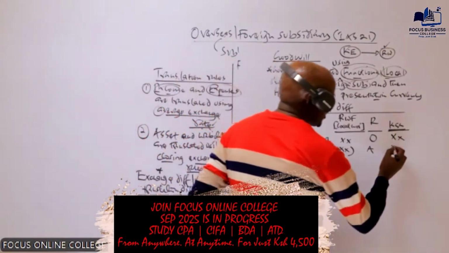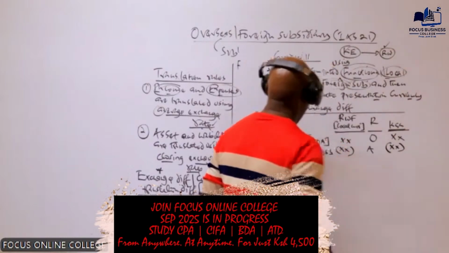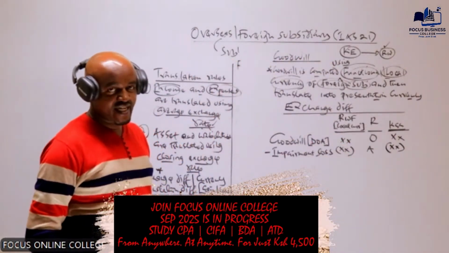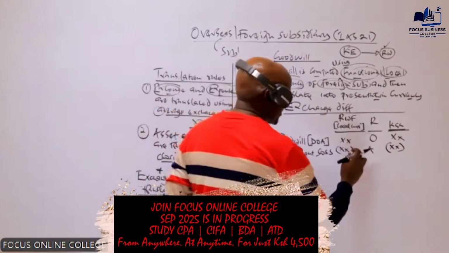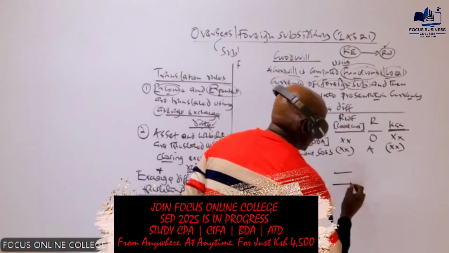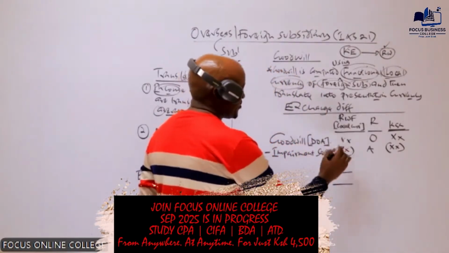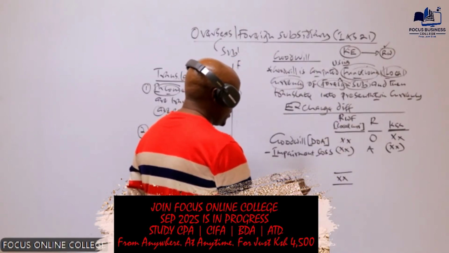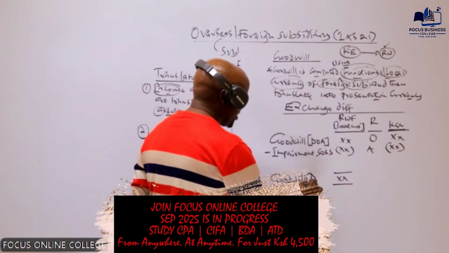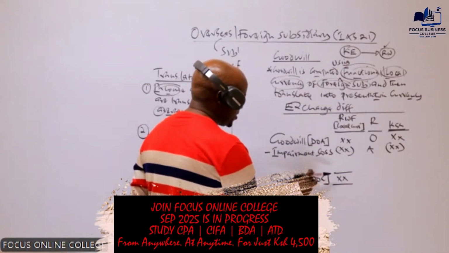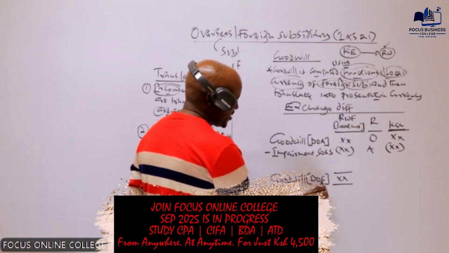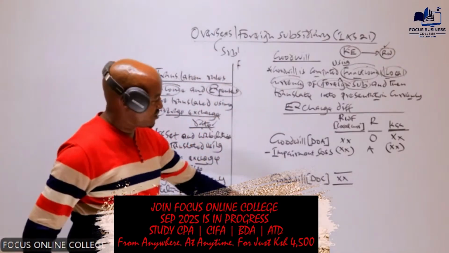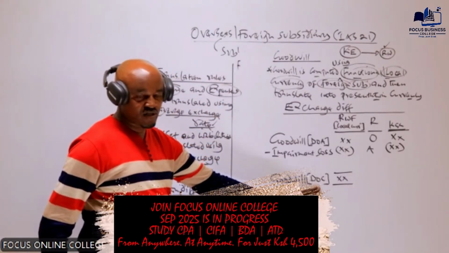And then we get the impairment loss in Kenyan shillings. So then we take this minus that, and basically you read one line here, that now will give us the value for goodwill at the end of the year. This will be the value of goodwill at the end of the year, and that is the date we are doing our consolidation. Remember, DOC is the date of consolidation. So this will be the value for the goodwill at the date of consolidation, which will be at the end of the year.